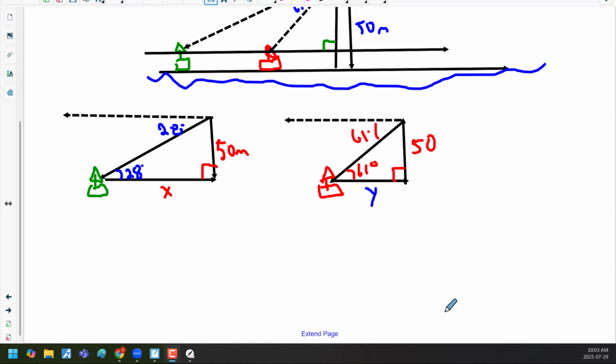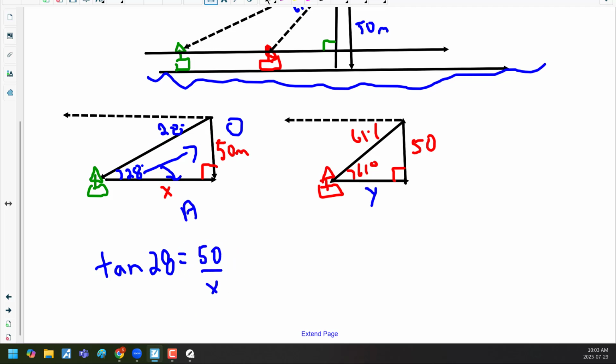We got a label obviously, so this is opposite. This is adjacent. So you're going to use tan. Tan 28 degrees is equal to opposite 50 over adjacent. And remember what I told you?